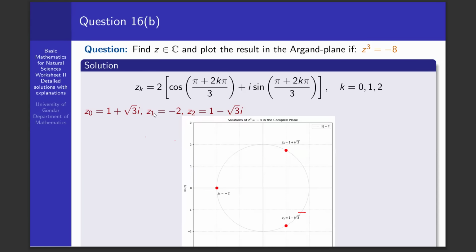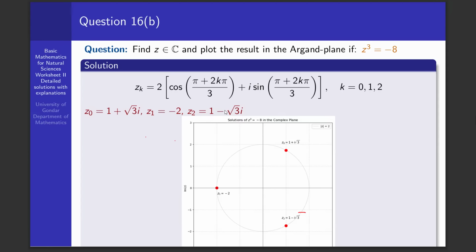And z1, that is when k is equal to 1, it could be 2 times cosine of pi plus 2 pi over 3 plus i times sine of pi plus 2 pi over 3.